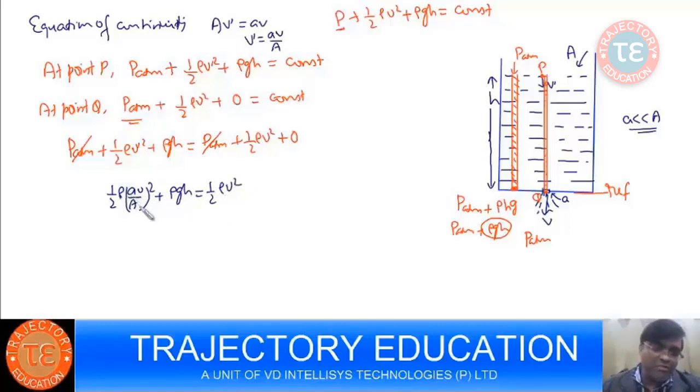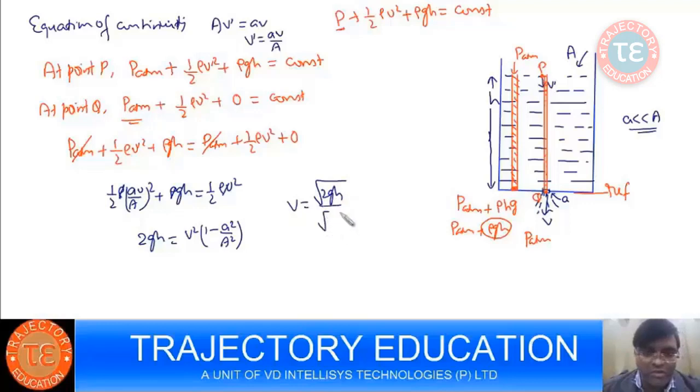So rho and rho will cancel out. So rho will go away. What we'll have is 2gH = 1/2 V square, so V square = 2gH (1 minus a square by A square), and a is very small compared to A. So V is root 2gH.